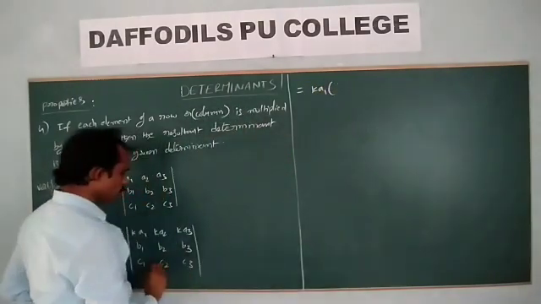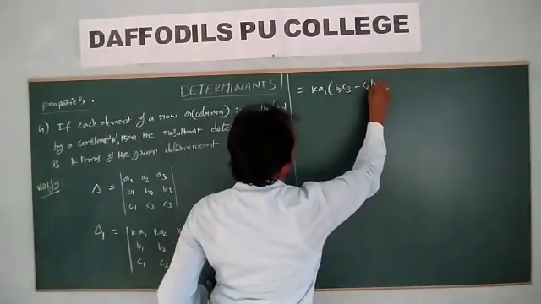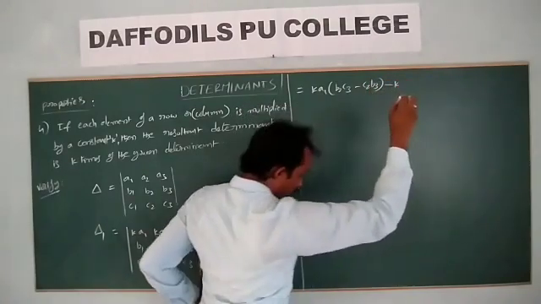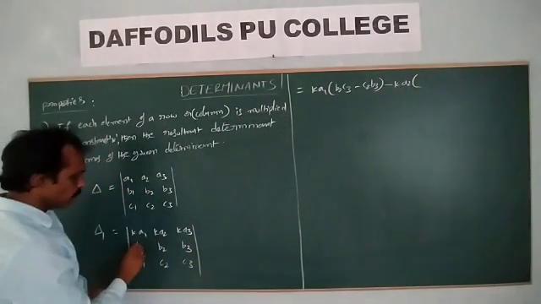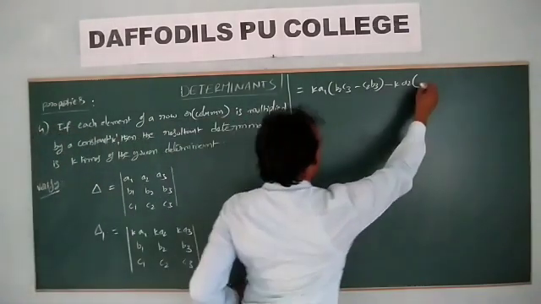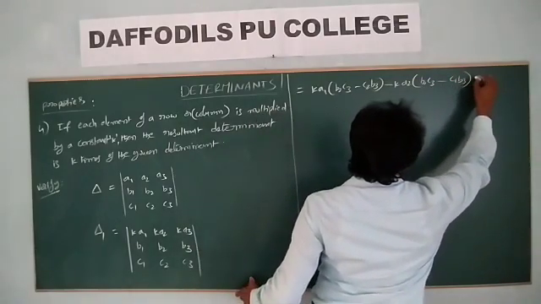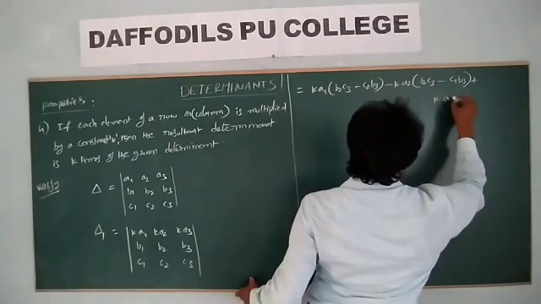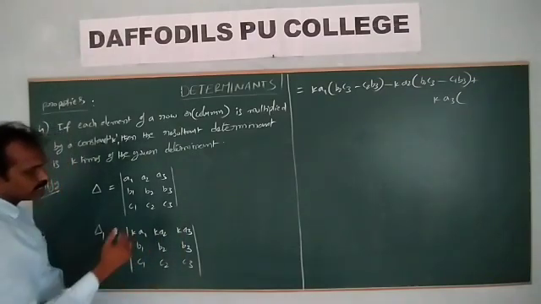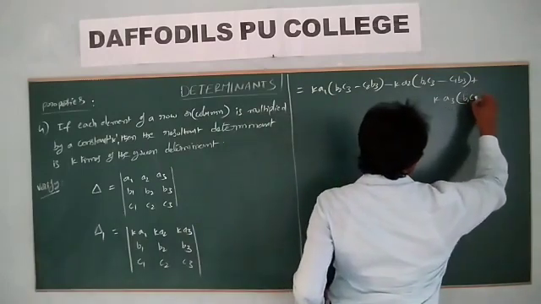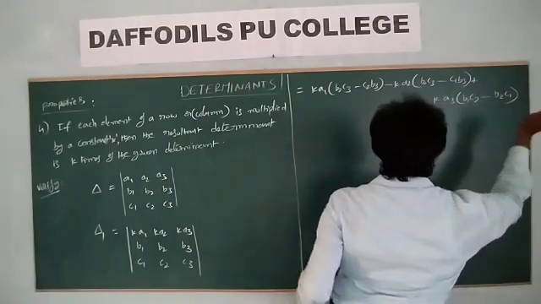K into A1, B2 C3 minus C2 B3, minus K into A2, deleting this column and this row, B1 C3 minus C1 B3, plus K into A3, deleting this row and this column, B1 C2 minus C1 B2.